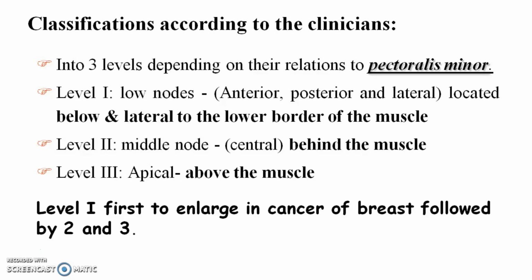At level 3, the apical lymph nodes are seen just above the pectoralis minor muscle. Among these, level 1 is the first to get enlarged in cancer of the breast, followed by the second and third. So level 1 is the place where we will palpate and find out whether cancer cells have accumulated, and from there it spreads to level 2 and level 3.